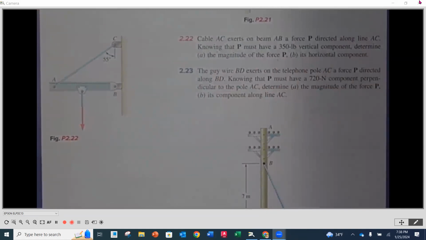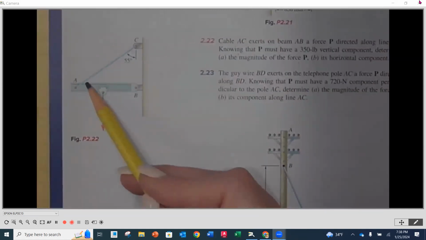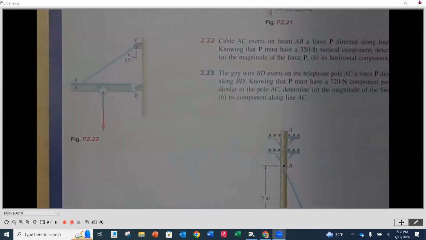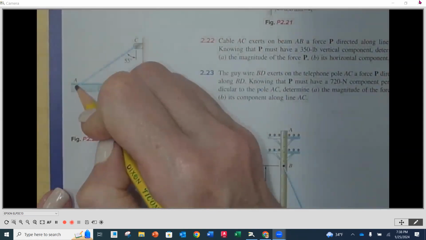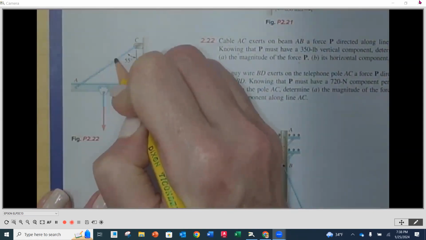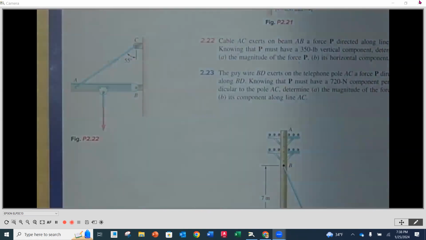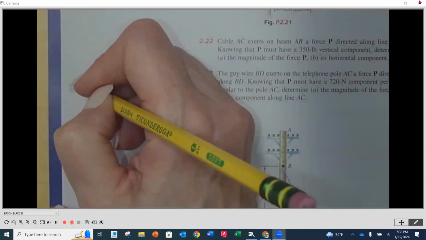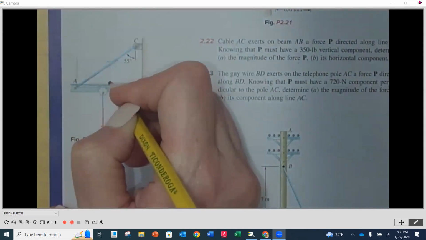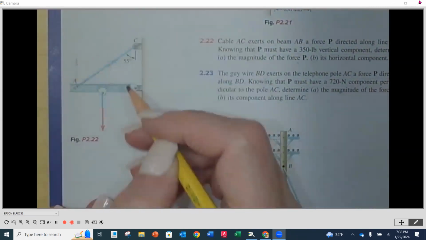For this one, it would be like a beam of some sort. You're going to notice that this is going to have to pull away from A. It's going to point up in that direction, and it's going to have an X and a Y component associated with it.